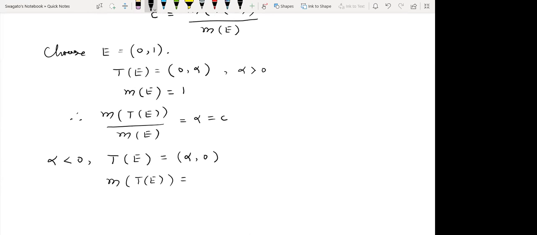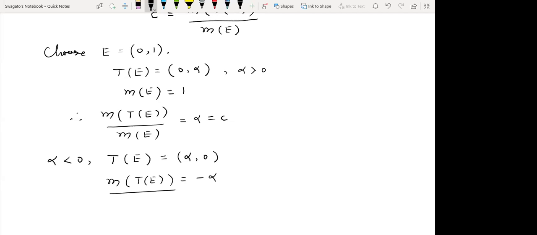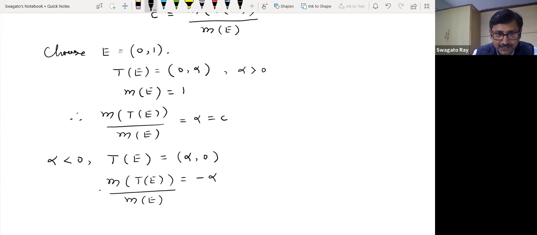Mod alpha, right? And measure of E is 1. This is my C. This C I call delta T. So now I know this delta T is actually turning out to be mod alpha.